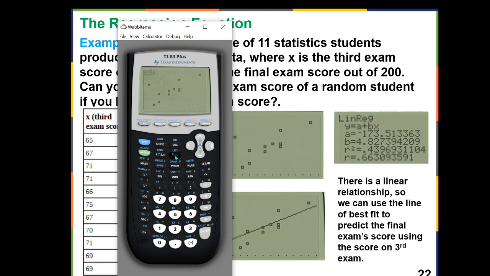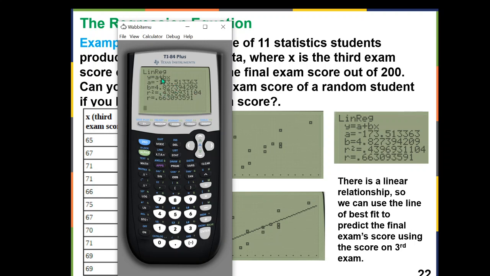Then I go to Stat, Calculate, and I'm going to run number 8, which is linear regression. And then I put L1, comma, L2, and here we go.